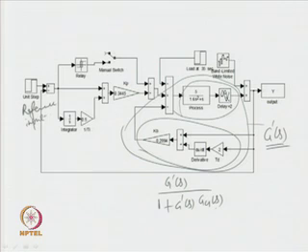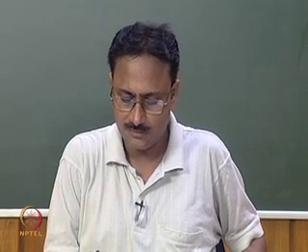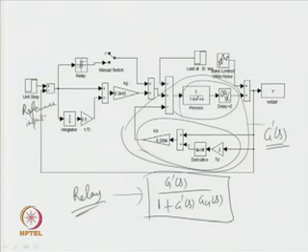So, this is what is seen by the relay. So, the relay sees a modified process of the transfer function form given by G'(s) upon 1 plus G'(s) GC1(s).